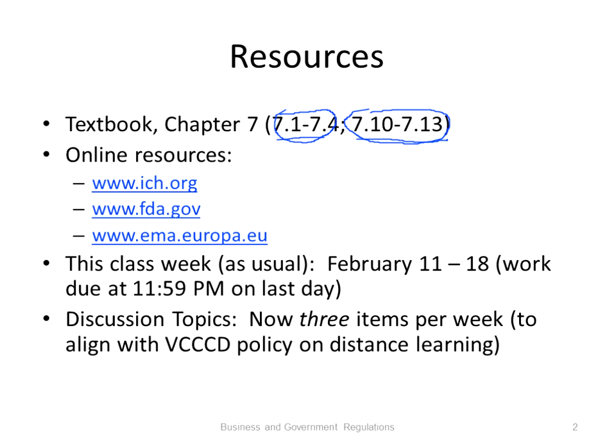Of course, one big resource for today's lecture is the ich.org website, which gives you a lot of the material that we will be covering today. And the other two websites are for the FDA and European authorities.